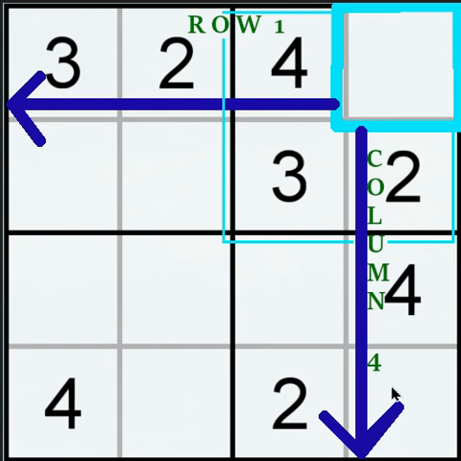Missing. 4. Seen. Did you find a 1 in this column? No, I didn't either. Now let's look at row 1. Do you find a 1 in this row? I didn't find a 1 either. I know I can put a 1 here and do so.